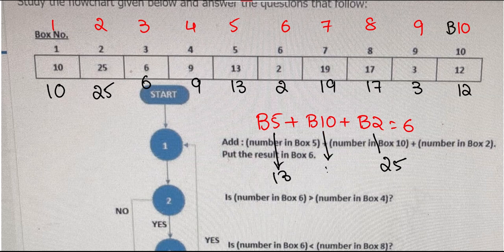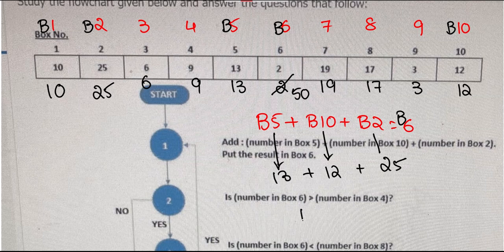When you add, we get 50, which goes into box 6. So box 6 is updated to 50. We picked box 2, 5 and 10 and got box 6 updated to 50.